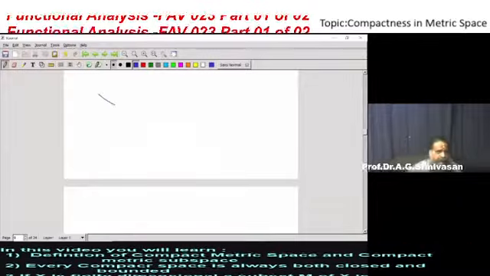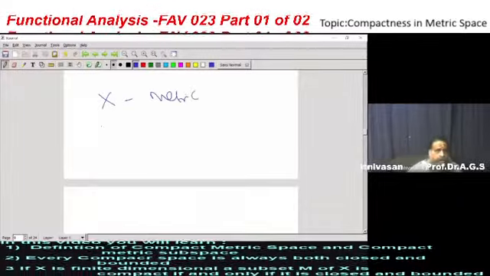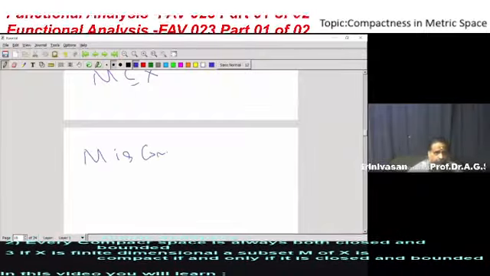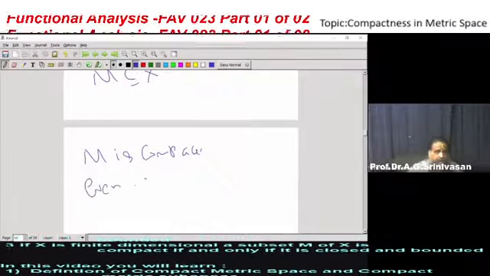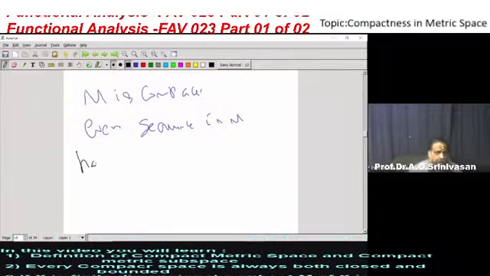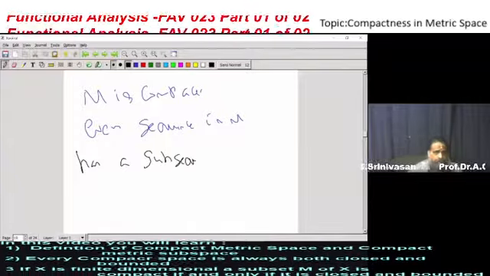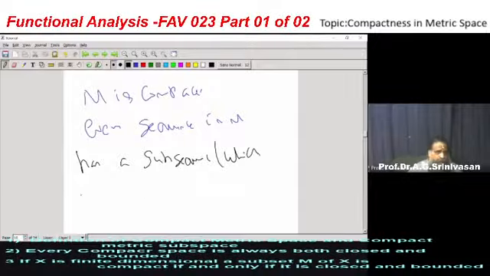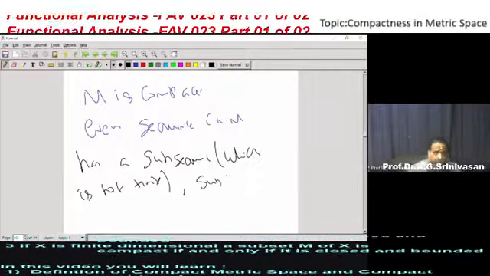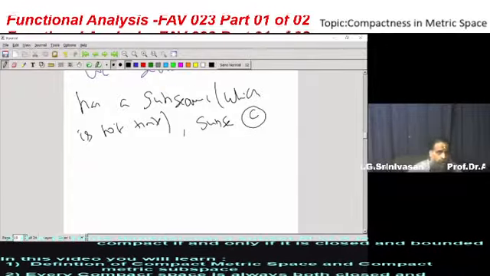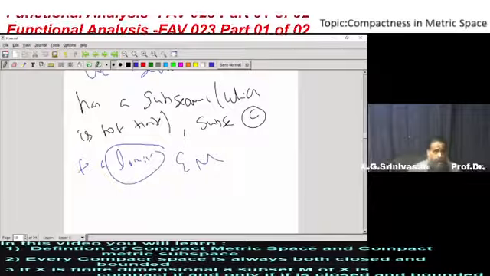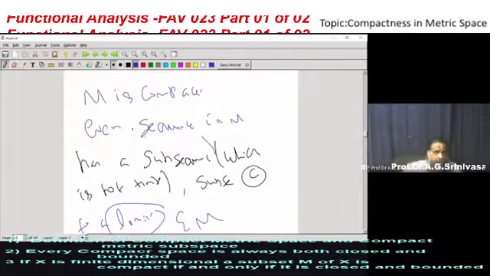Suppose you take a metric space X. M is a subset of X. M is compact if every sequence in M has a subsequence, not necessarily finite, such that that subsequence converges to a limit, and that limit belongs to M. Whereas the sequence we started with need not even converge.